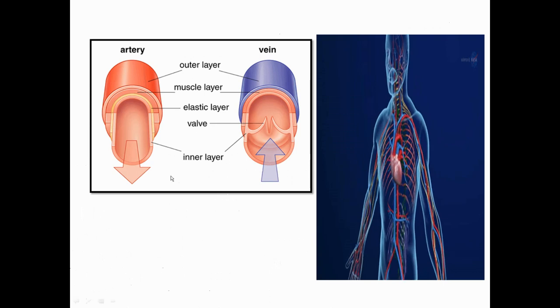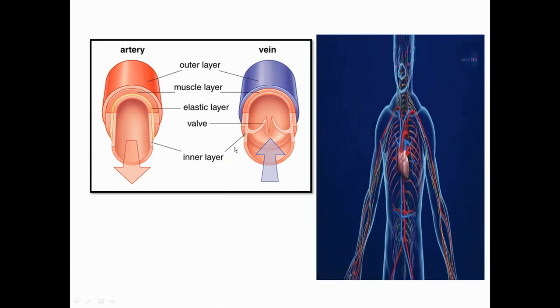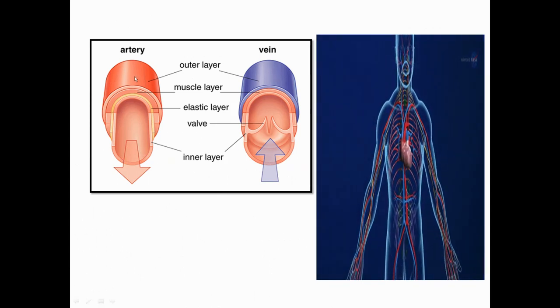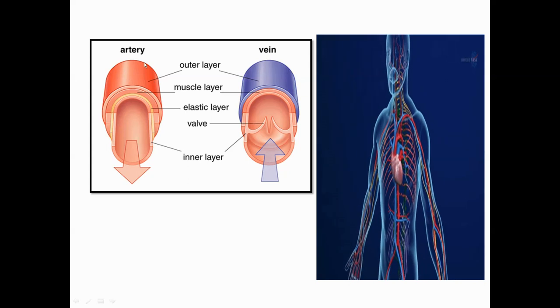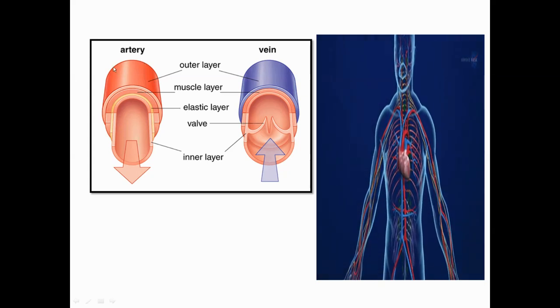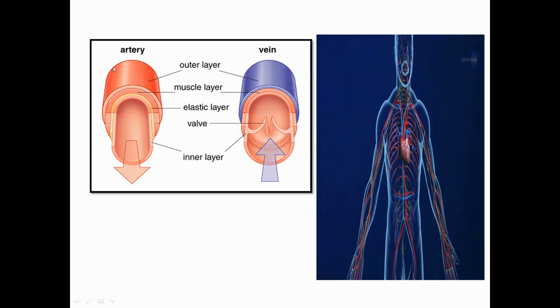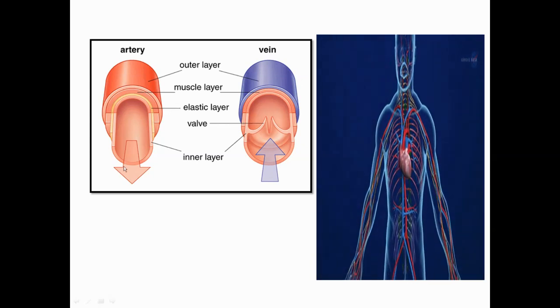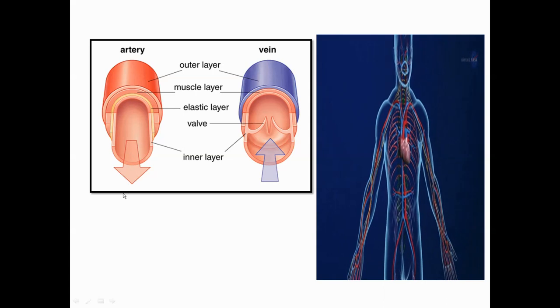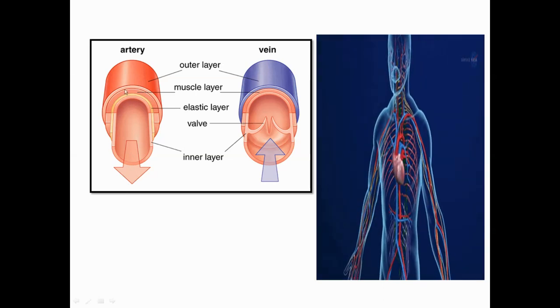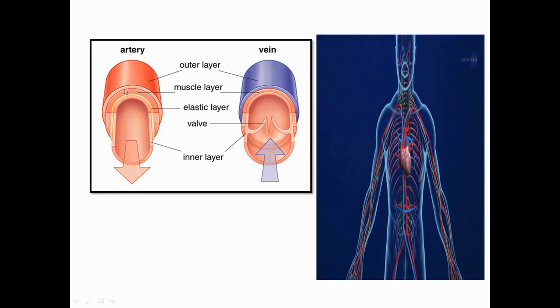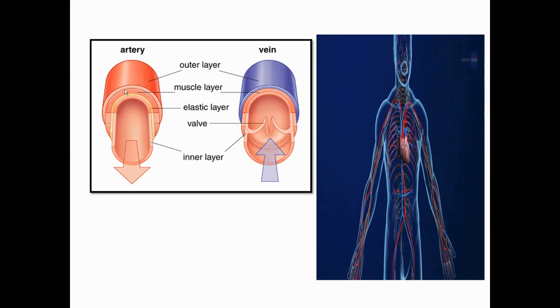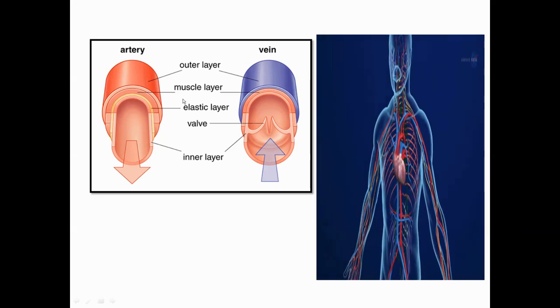Now we should look over this diagram. This is very important. As you can see the color, A for artery, A for away. It always carries blood away from the heart. As you can see, the arrow shows away from the heart, and the color is red, which represents that it carries oxygenated blood, and you know pulmonary artery is the exception.